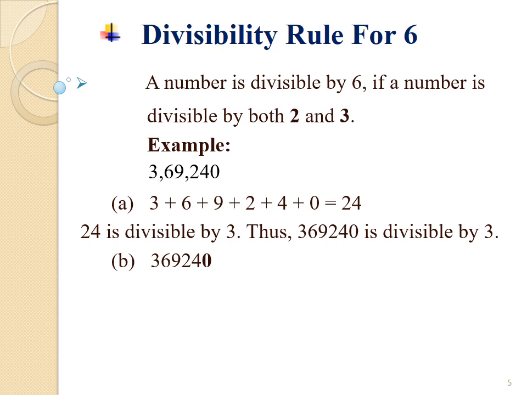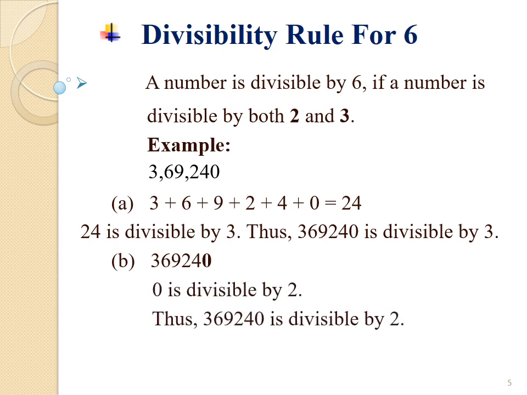So, 3,69,240 is divisible by 2. Thus, 3,69,240 is also divisible by 6 as it is divisible by both 2 and 3.